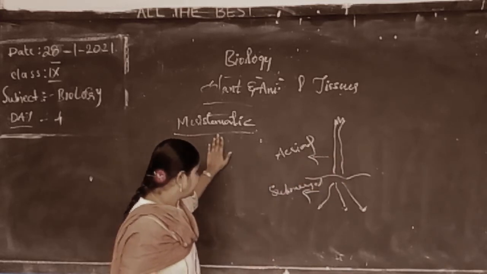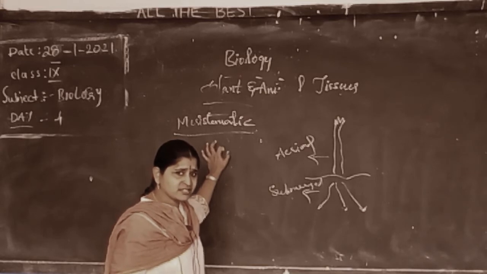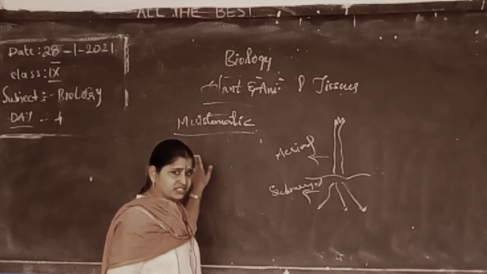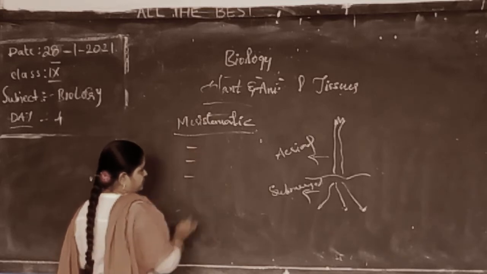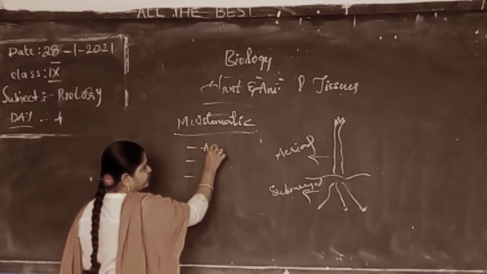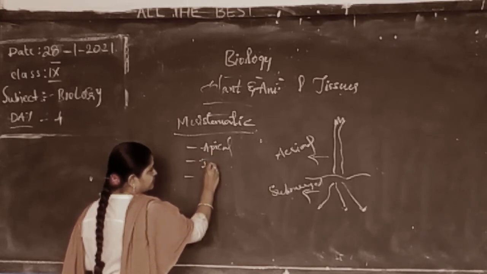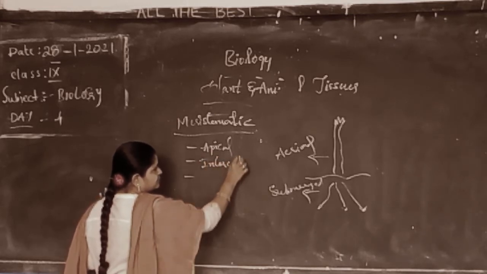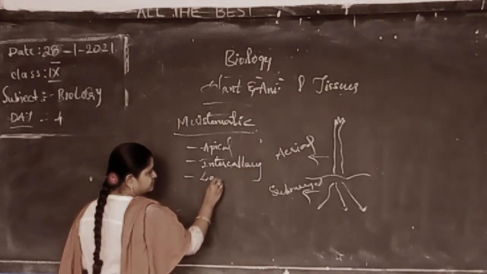So meristematic tissues are very actively dividing cells, and broadly this meristematic tissue is categorized into three: apical, intercalary, and lateral.